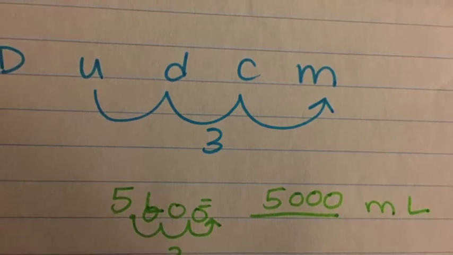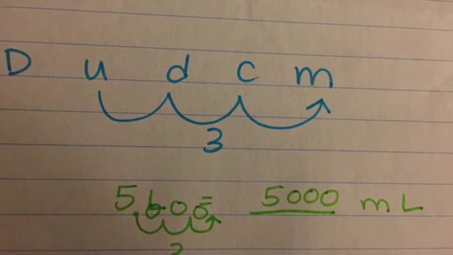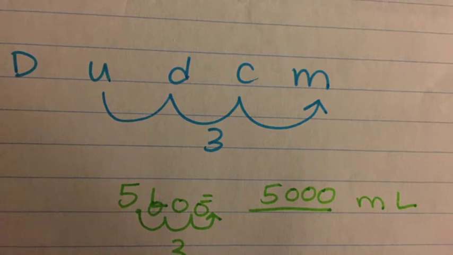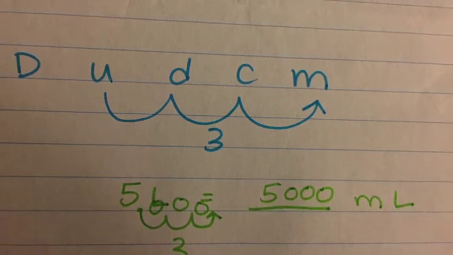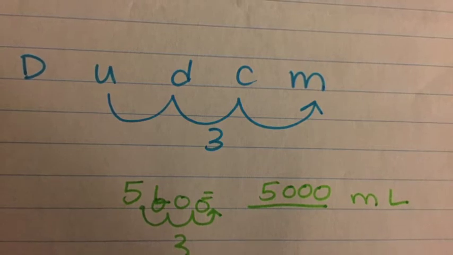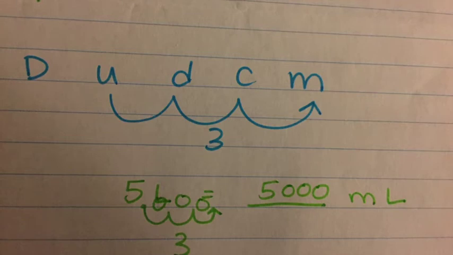Moving the decimal to the right 3 places, we are going to add 3 more empty spaces that we need to put zeros into. So 5 liters turns into 5,000 milliliters, which makes sense because 1 liter is 1,000 milliliters.